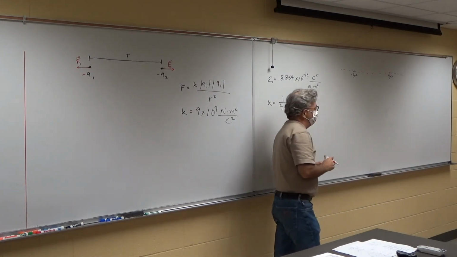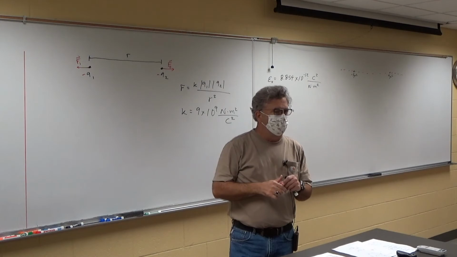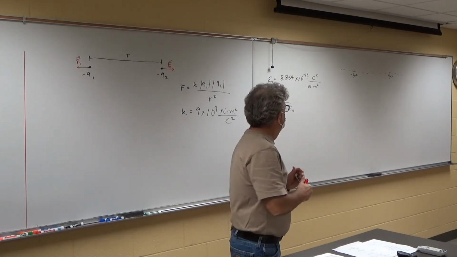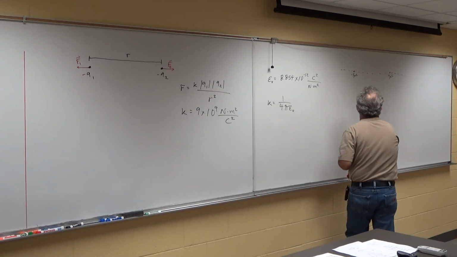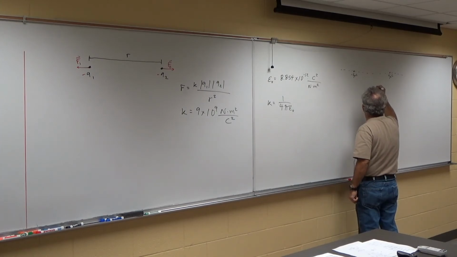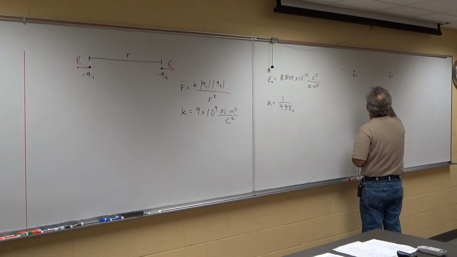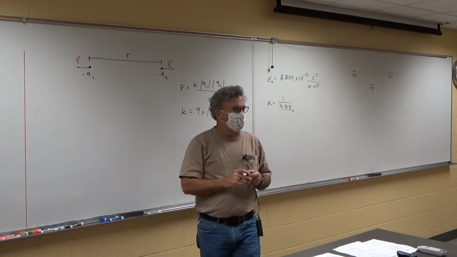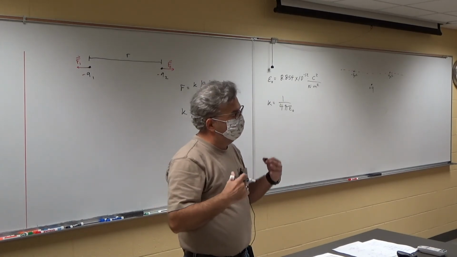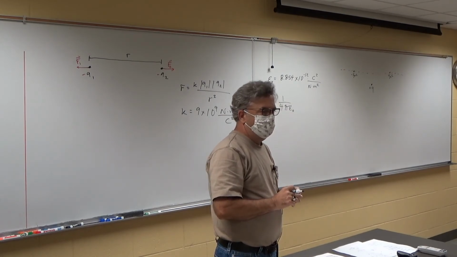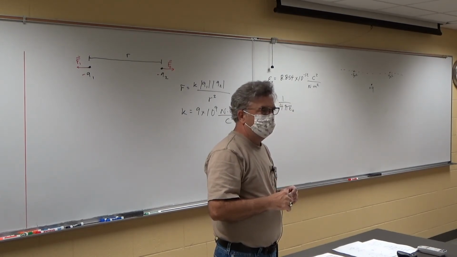So the question is, is there a place along that line that I can put a positive charge? Let's say it's a positive Q, another little positive charge. Is there a place along that line that I can place this positive charge such that there's no net force on that positive bit of charge?